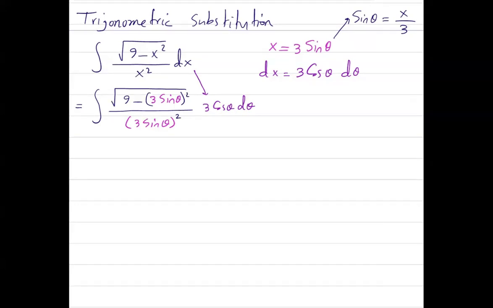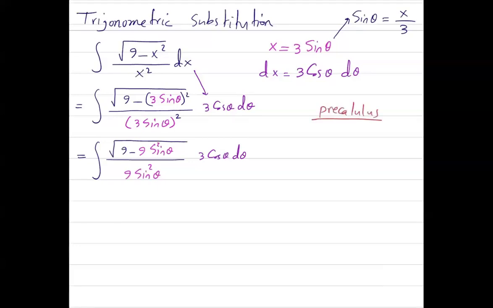Now, we are going back to integration techniques and simplify this as much as we can. This can be written as the integral of square root of 9 minus 9 times sine squared of theta divided by 9 times sine squared theta, and then my dx is 3 cosine theta d theta. From pre-calculus, remember that if you have sine squared of alpha plus cosine squared of alpha, it is always 1.